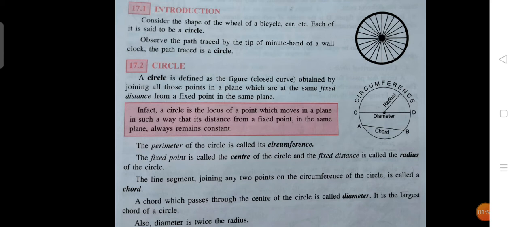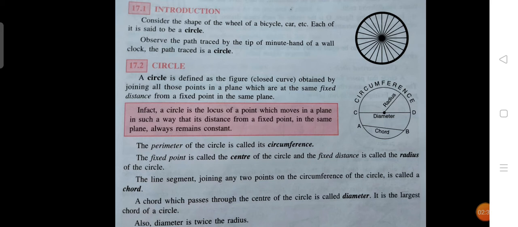A circle is defined as a closed curve obtained by joining all those points in a plane which are at the same fixed distance from a fixed point in the same plane.